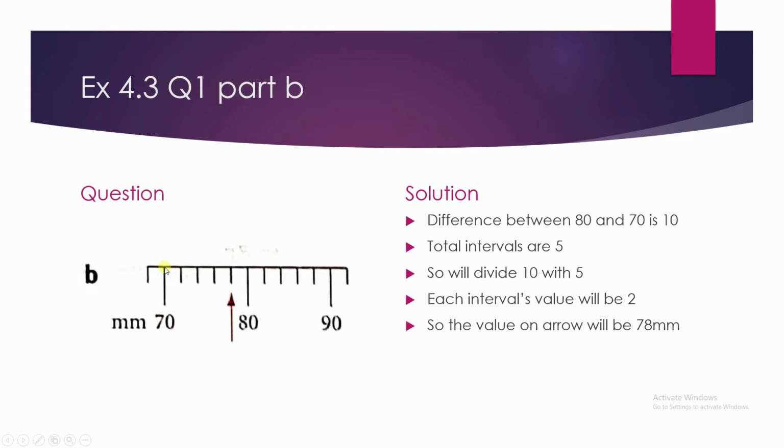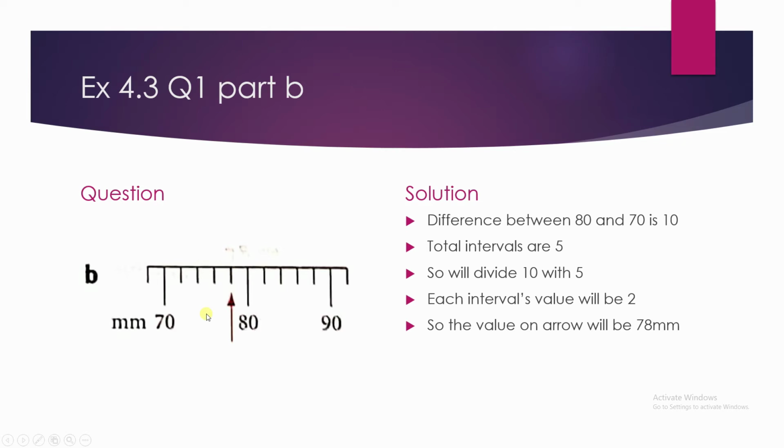So each interval has a value of 2. As we did in the previous part A, you will write 2 here, 2 here, and 2 and 2 and 2. So each interval's value is 2 here.